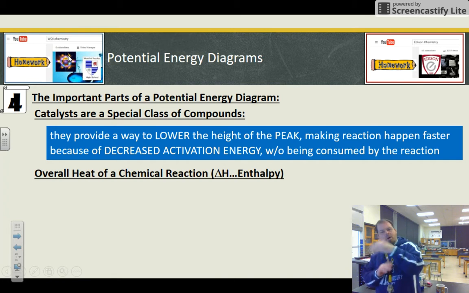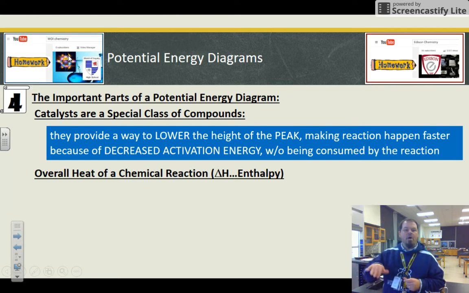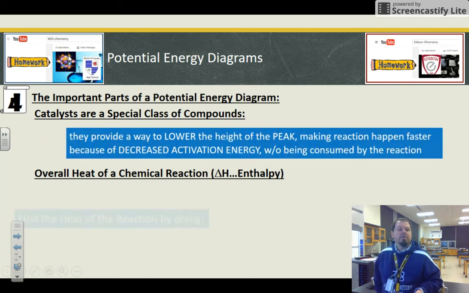And then once you start to fall down the hill, the reaction is happening and the products start forming. The catalyst will provide an alternate path that makes them rearrange differently in a way that uses less energy. Okay, that's the actual scientific definition of what's going on with a catalyst.